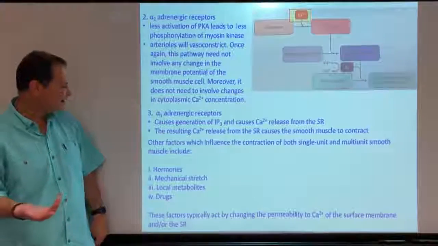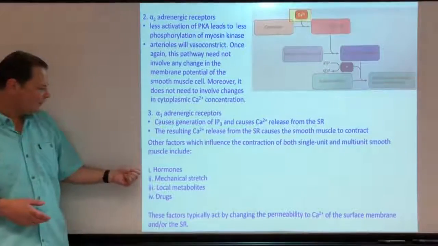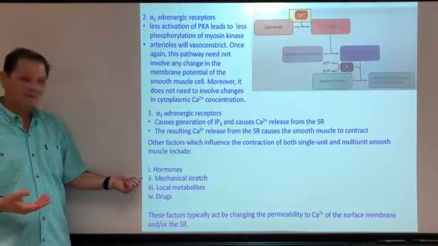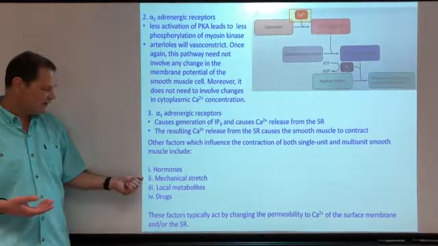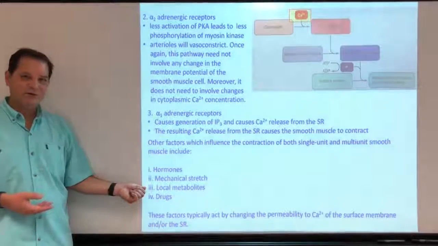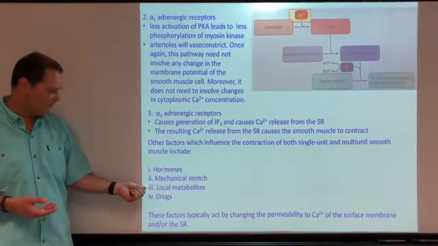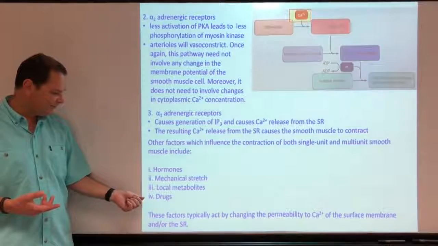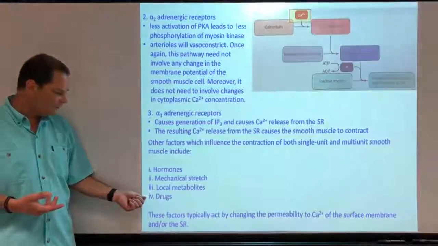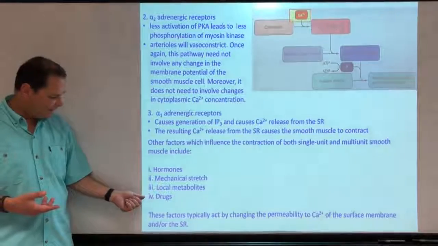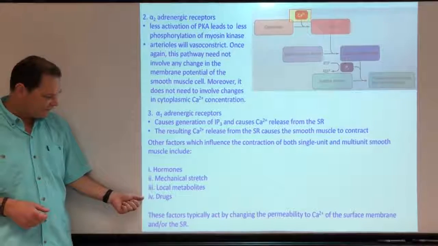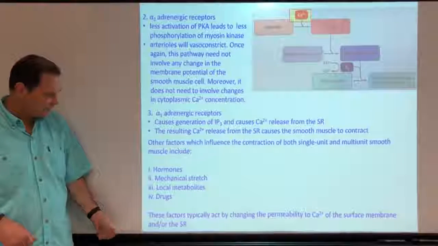All right, other factors include various hormones, which we'll go over in the course of the block when we run into them. Mechanical stretch, where that's relevant, we'll go over it. Local metabolites are relevant to arteriolar smooth muscle, so we will be talking about that in the next video in some detail. Drugs, of course, this is very relevant to the drug response, the pharmacology part of the vital fluids course.